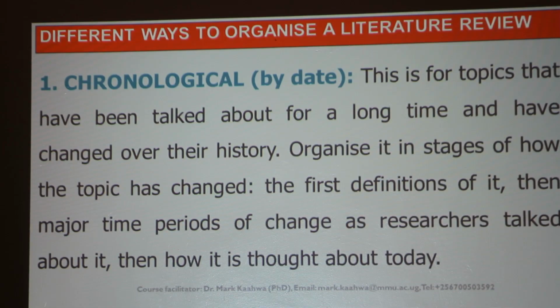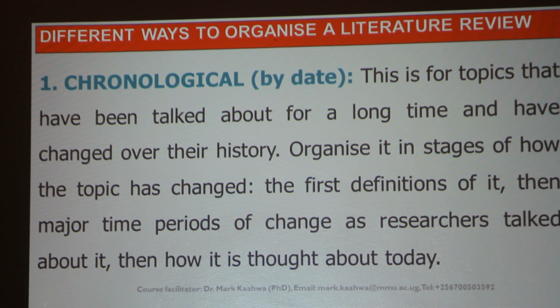If you are looking at a different issue, for example, climate change, you will still organize it following those dates. For example, in 1980, what were the issues of climate change? When we came to 1990, what were the issues of climate change?